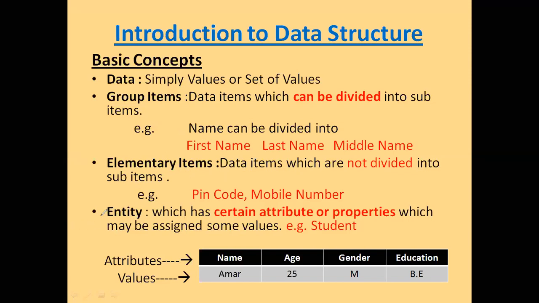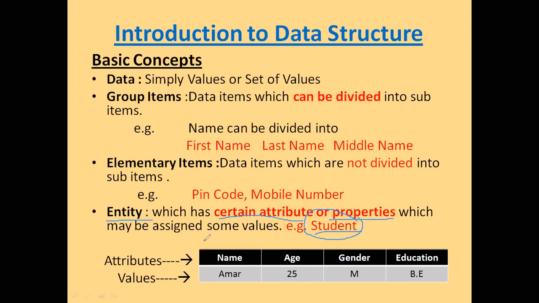And next term is entity. Entity is basically when you are going to store one piece of information. I'm storing the information related to student. The student is my entity which has certain attributes or properties, means certain fields or related information where we can assign the value of student.